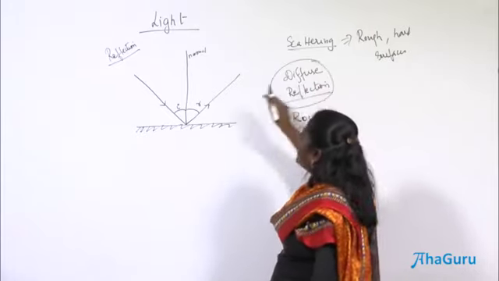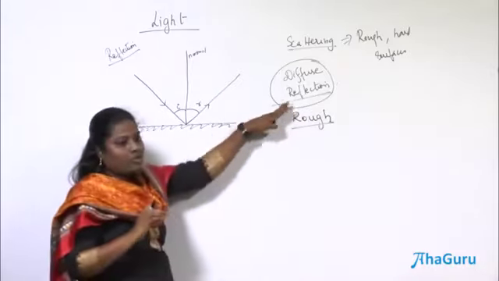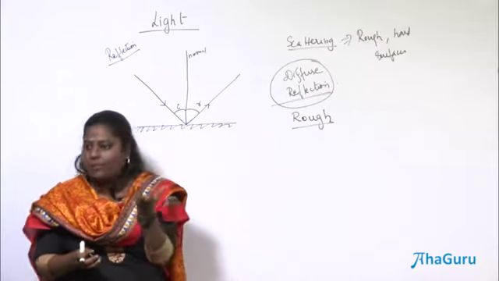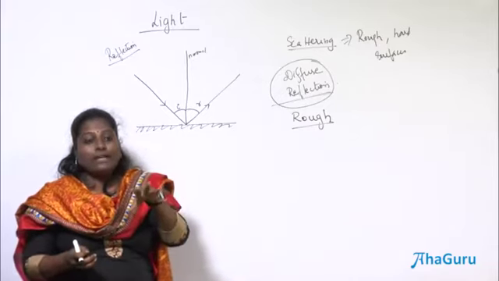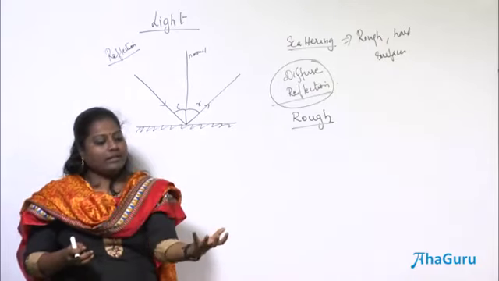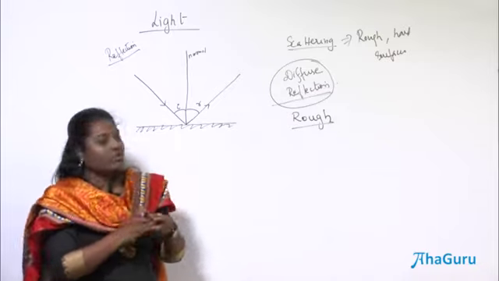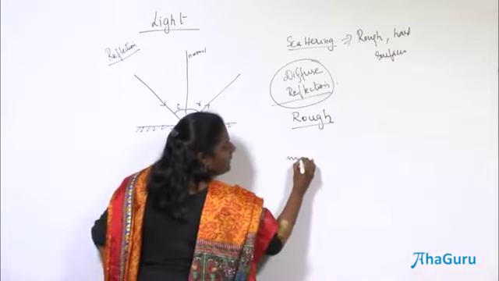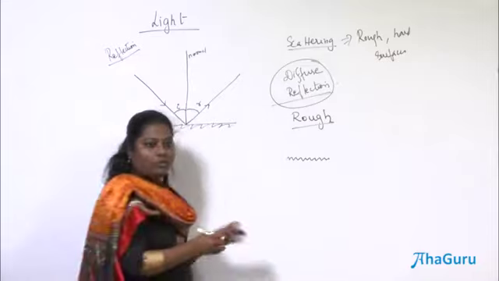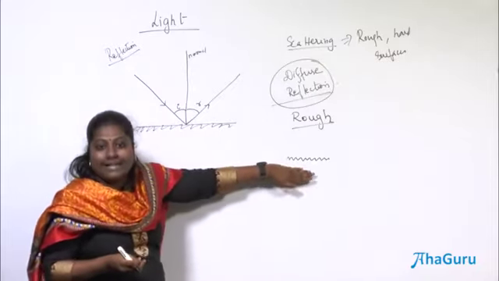So what is the difference between this reflection and diffuse reflection? For example, take a metal ball. At a microscopic level, the metal ball won't be smooth. If you look at it normally, it looks smooth, but if you zoom in closely, the surface of the metal ball will be like this.